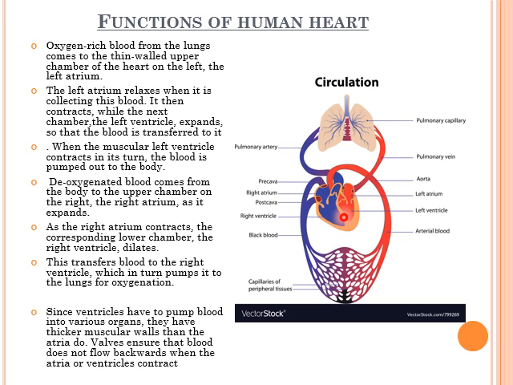When the right ventricle contracts, the blood passes back to the lungs for oxygenation. These valves, children, the bicuspid valve as well as the tricuspid valve, ensure that blood does not flow backward when the atria or ventricles contract.